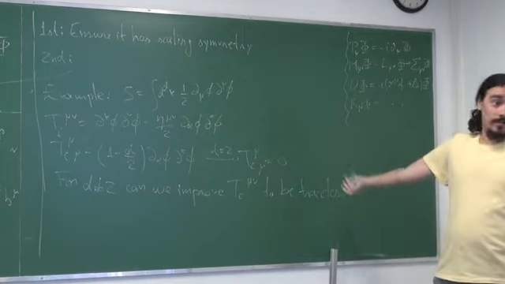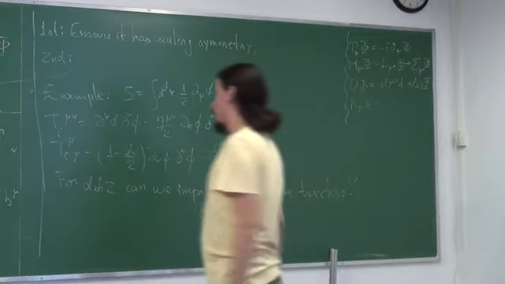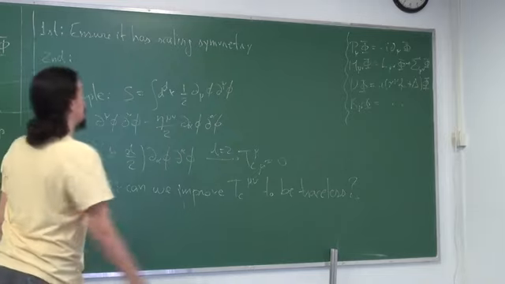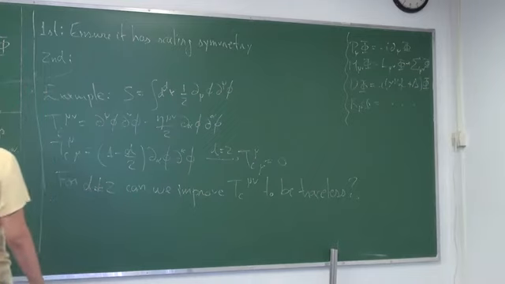This is the question we asked: if we're not sitting at 2 dimensions, can we improve the tensor and prove that the theory is conformal? The free massless scalar field is conformal in n dimensions. So we're going to do this new thing. Just take the action.